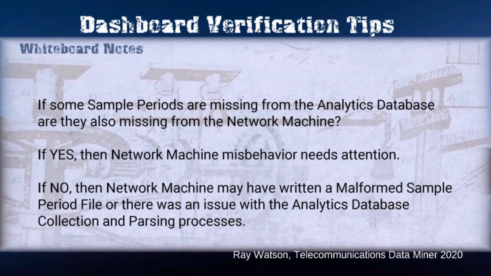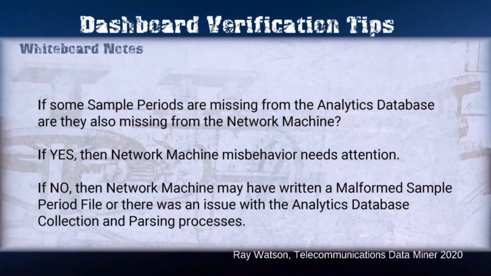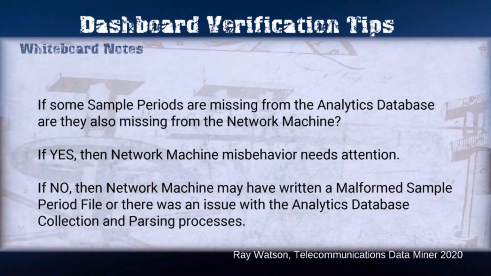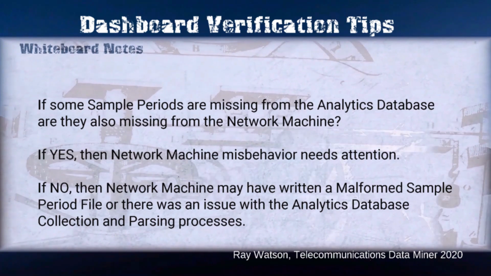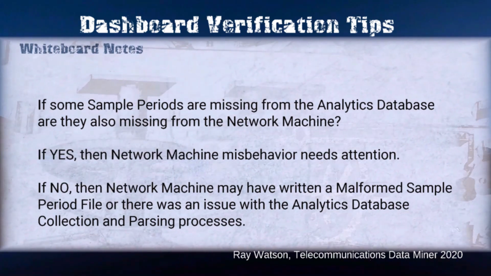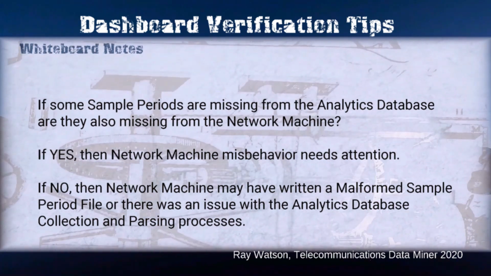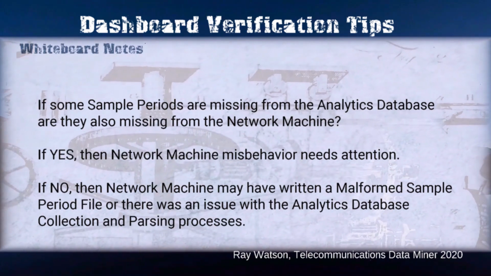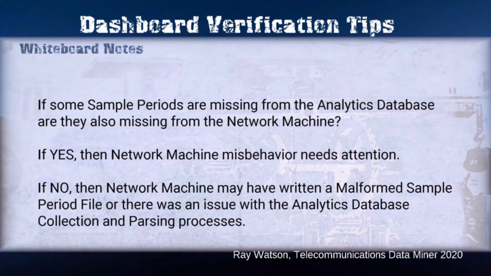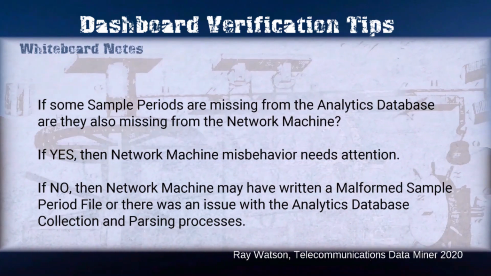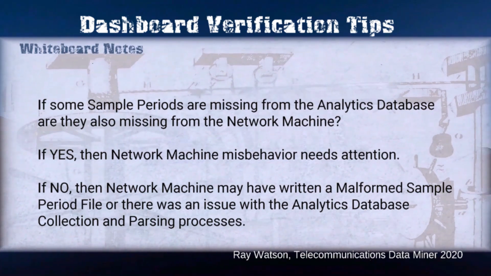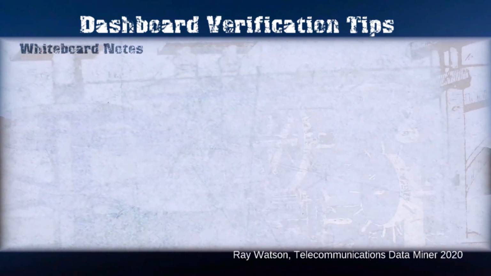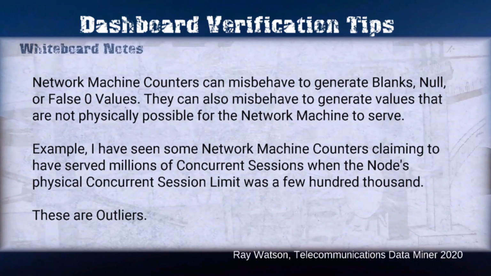If the missing sample periods are missing in the network machine, then the network equipment vendor may have to be engaged to resolve the issue with a software fix. But if the missing sample periods are not missing from the network machine, then it can be an indication of analytics database parser misbehavior or malformed machine sample period file written by the network machine.